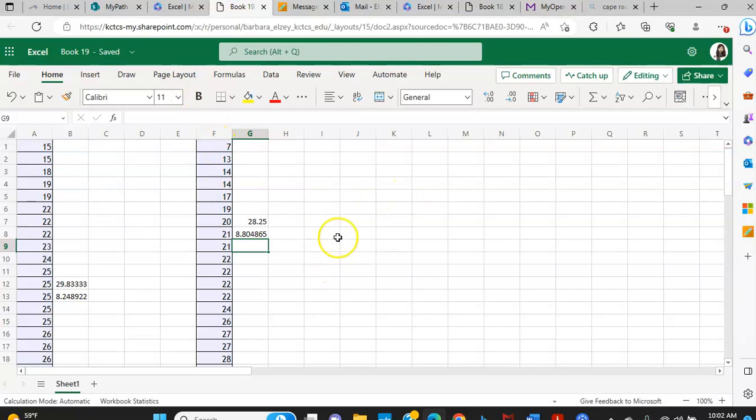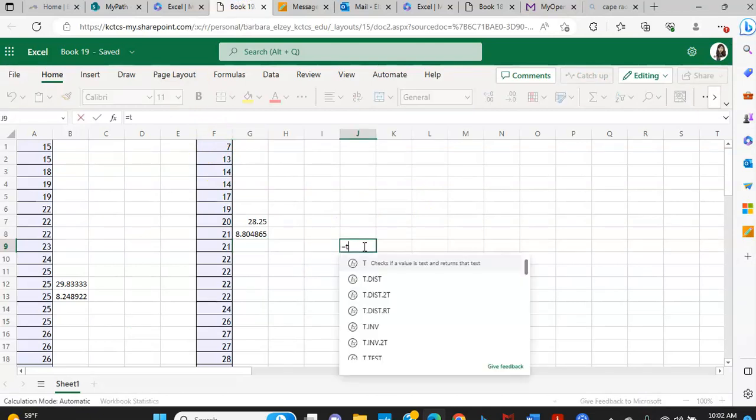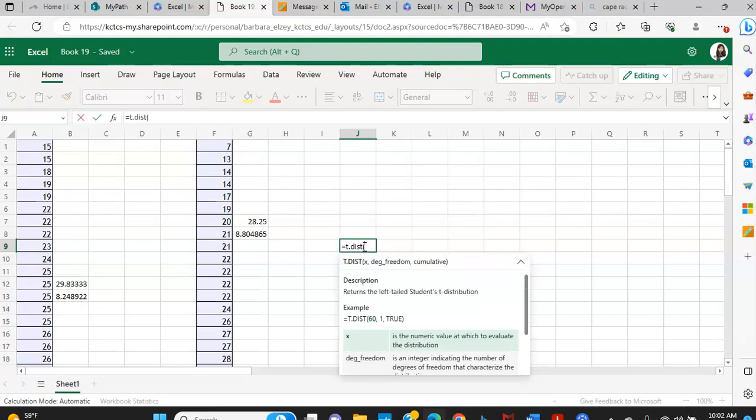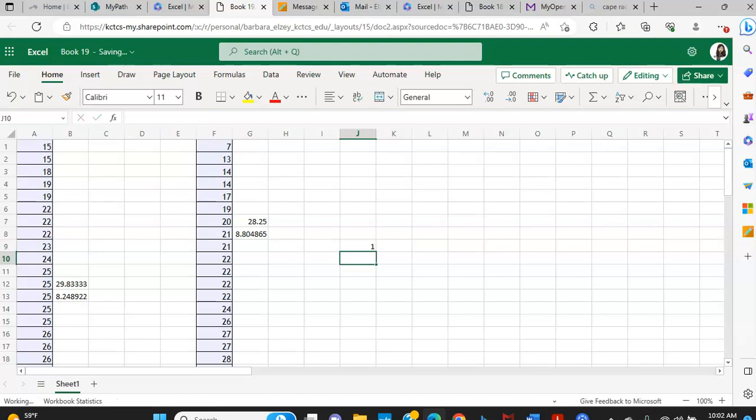So I'm going to go back here, type in equals T.DIST, 7.27, degrees of freedom are 39, and then the word true. And it tells me 1. So it's really 0.99999, but so close to 1 that it has just rounded it up.